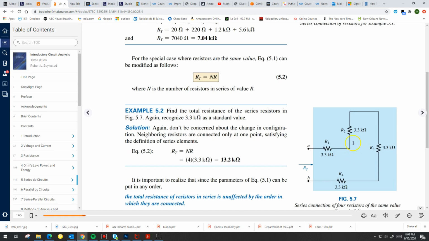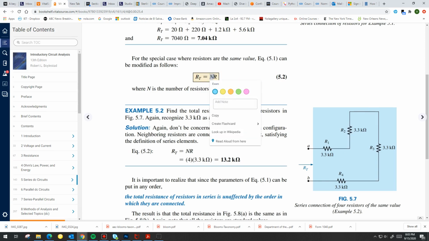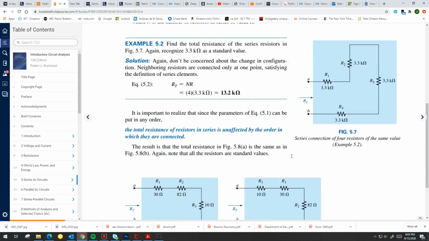Which is equivalent to multiplying 4 times 3.3. So that's what this formula is. If all the resistors are the same, all you have to do is multiply the total number of resistors times the individual resistor value. So in this case, it's 4 times 3.3 or 13.2 kiloohms. Okay.